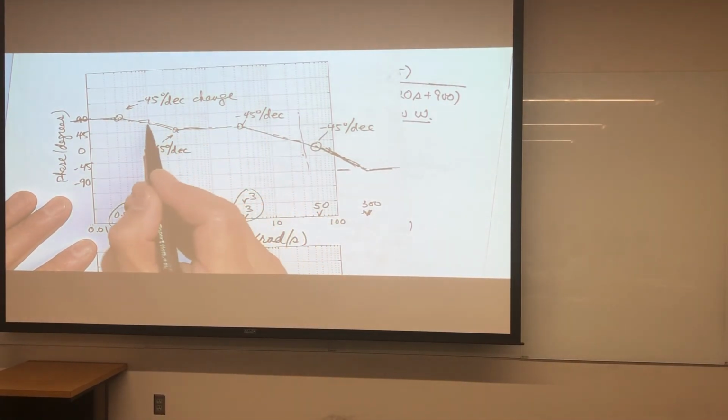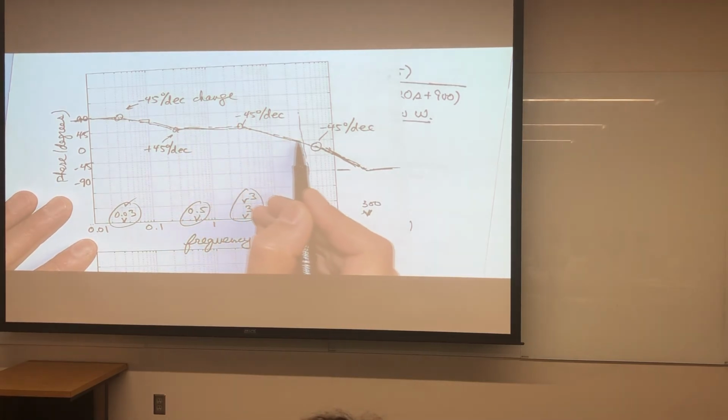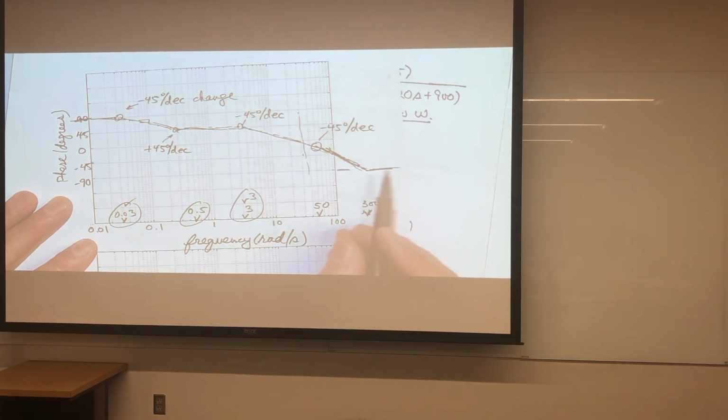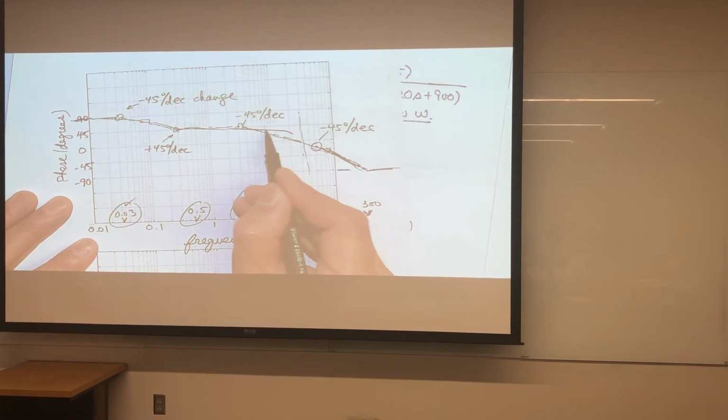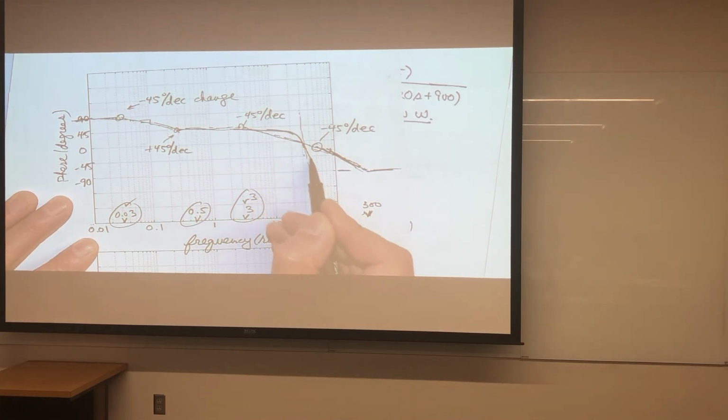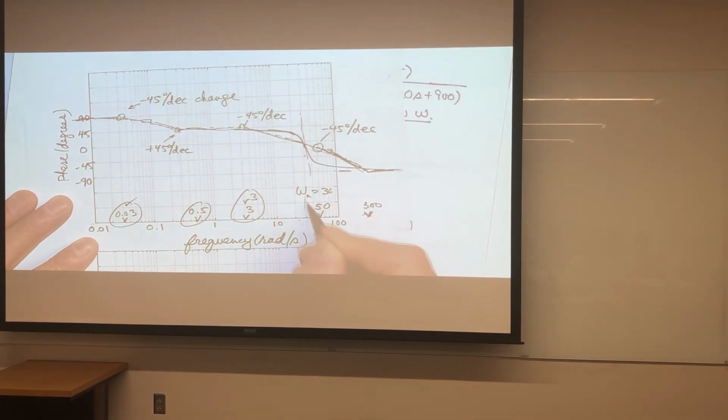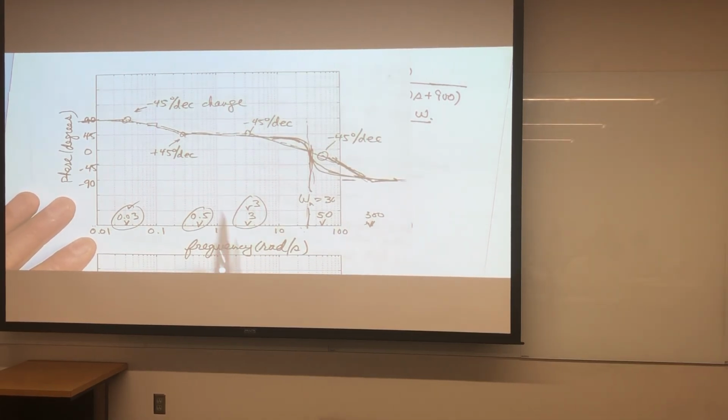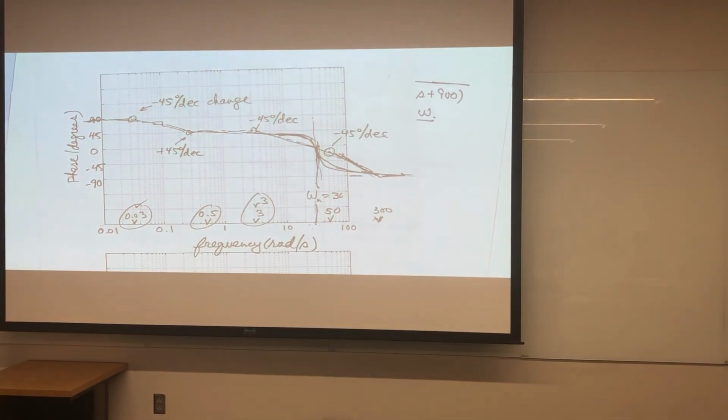So don't expect a nice gentle curve in this area. It'll probably do something like this. A lot of error right around here at omega n equal to 30. Right in this vicinity, the actual curve will do something drastic like this. But the straight line approximation is what we sketched in.